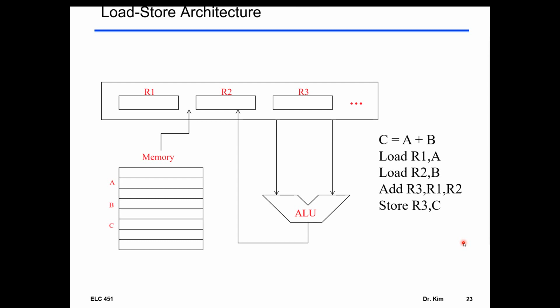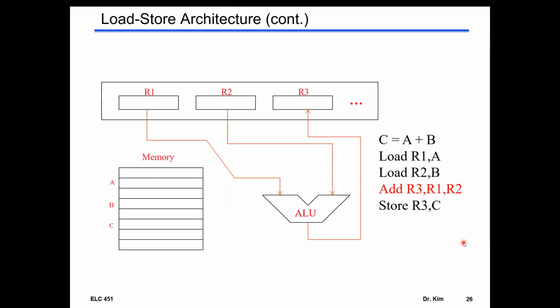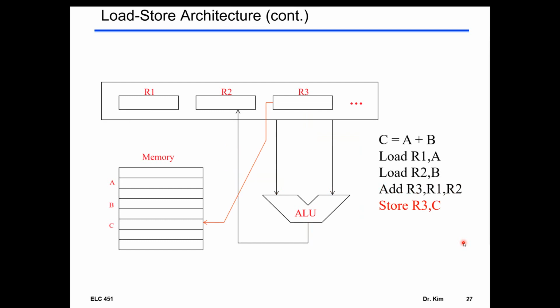We're going to load register 1 with the contents of A, load register 2 with the contents of memory location B, add register 1 and register 2 and put the results in register 3, and then store the contents of register 3 in memory location C. So hopefully that gives you a better idea of how these different approaches work.